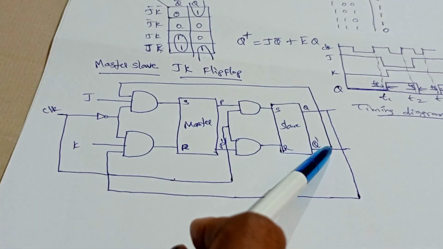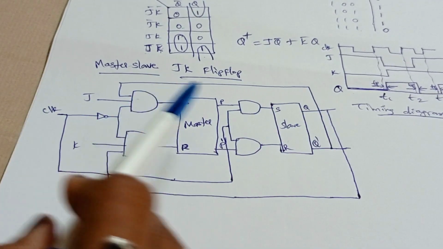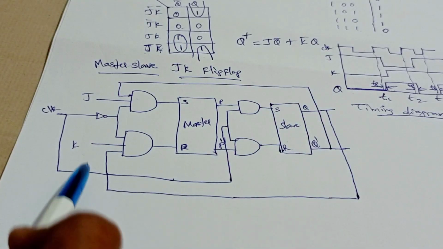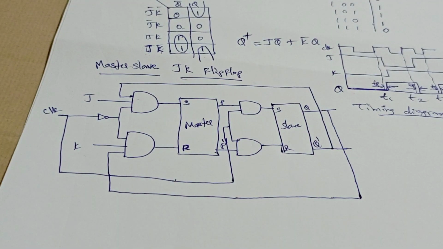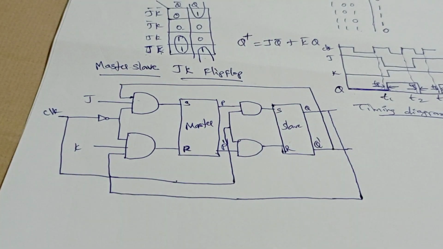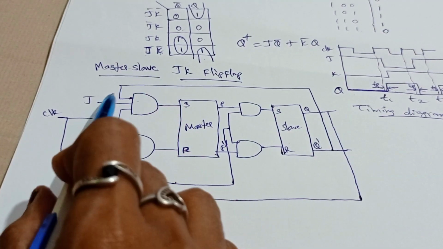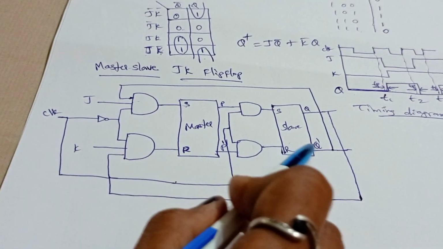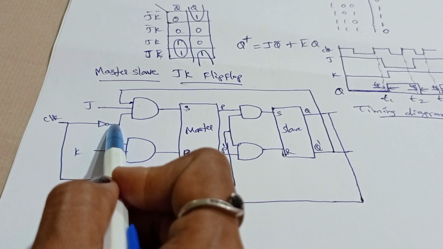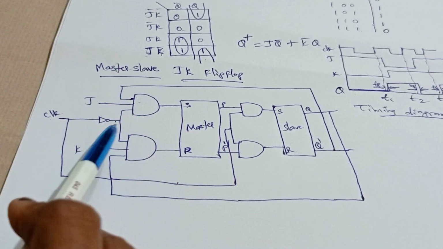Here Q bar is feeding back the input for the first AND gate, same as here Q is for K. Q bar for J and Q for K. Because S is equal to J, Q bar and clock, that is inverted clock value, because here it is used with NOT gate.